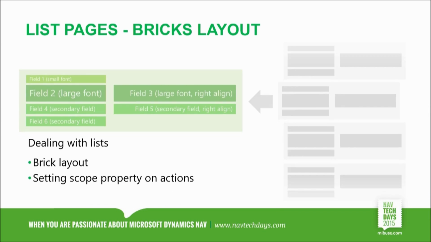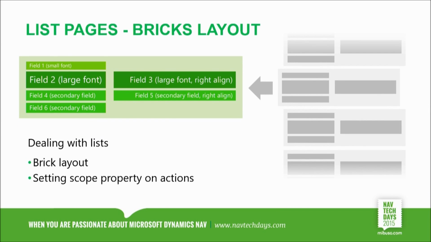And the next thing is about brick layout. I promised I would come back to this. As I said, we have redesigned the list in the phone client in order to optimize the available space and the readability of the data. So this brick view concept is compressing more columns.